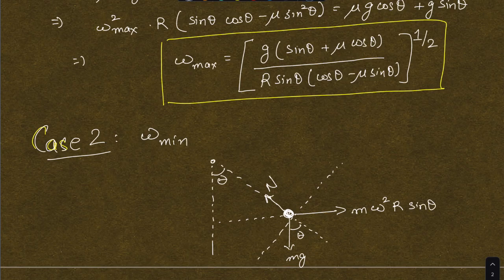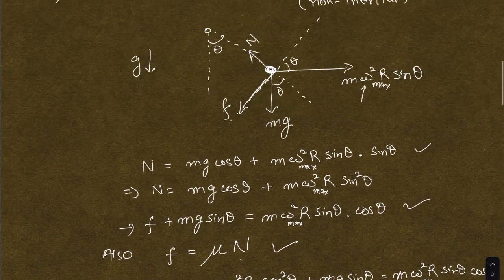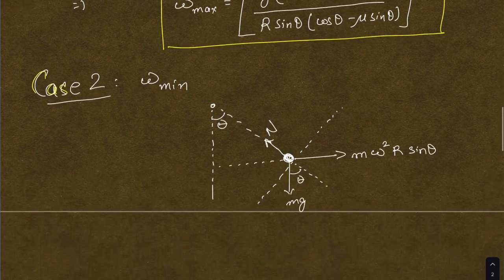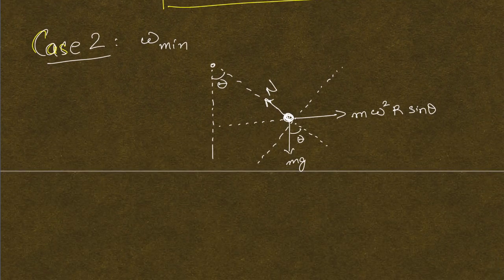And we had concluded that for the case of omega min, we'll have this direction of the resultant net friction. So this is F and this is omega min.